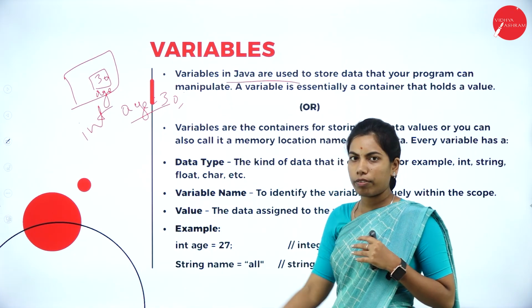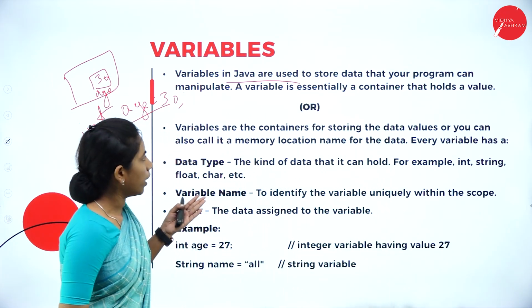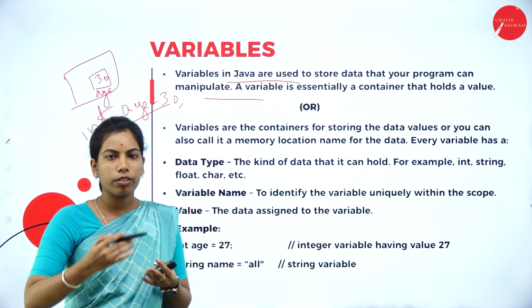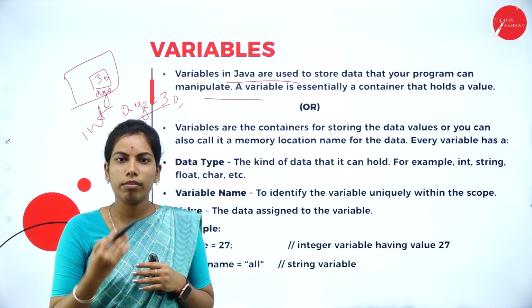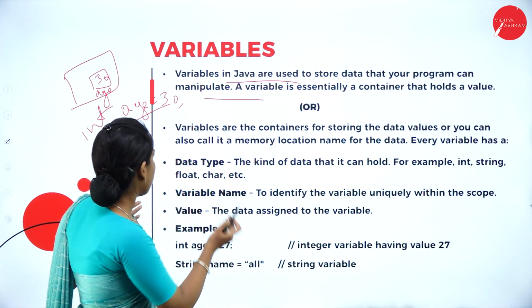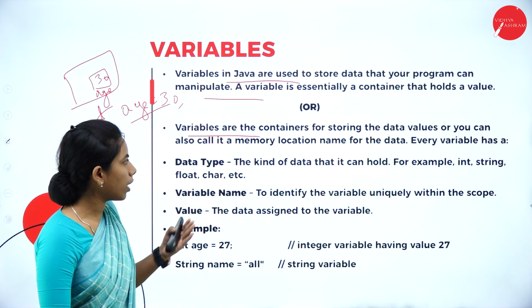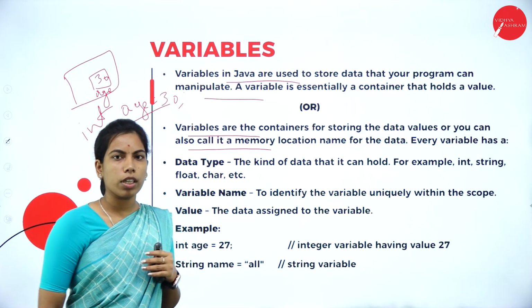Let's see the definition. Variables in Java are used to store the data that your program can manipulate. A variable is essentially a container that holds a value. Without variables we can't store values. You can also write this definition: variables are containers for storing data values, or you can also call them a memory location.